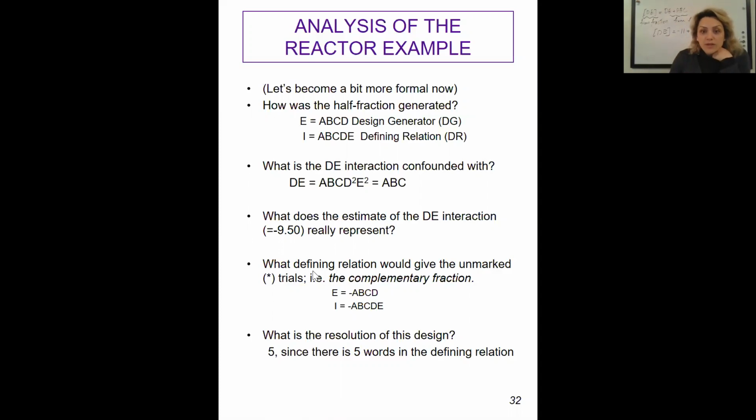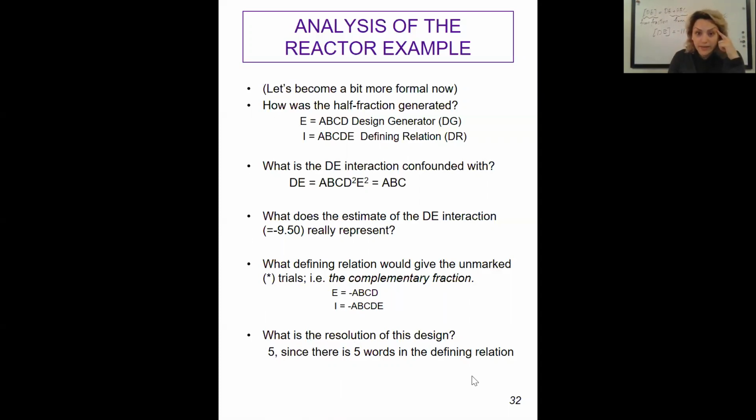The next one is what defining relation would give the unmarked trials. This is a complementary fraction, right? So you would say E is equal to minus ABCD and I is equal to minus ABCDE, adding the negative sign. And the next one is what is the resolution of this design? We would say the resolution is 5, since there are 5 letters in the defining relation.